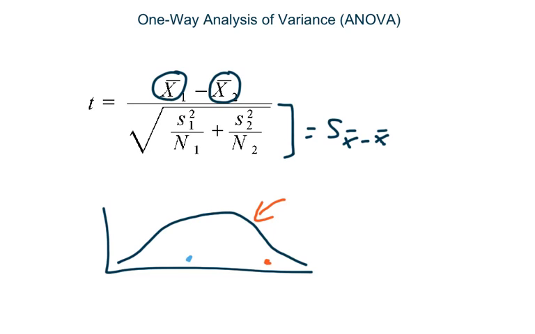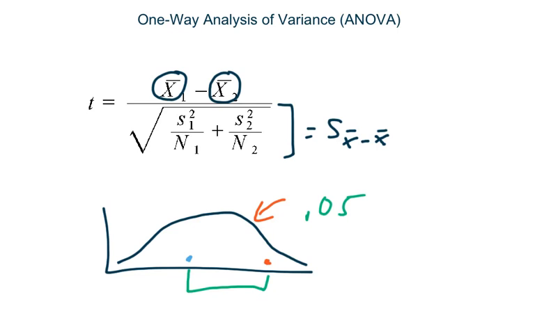However, if these means are very far apart, where that cutoff point is what you have to look up in the table for. That shows you that 0.05 cutoff level.